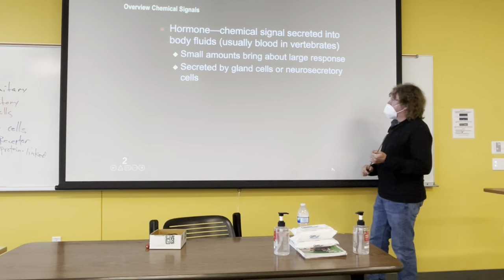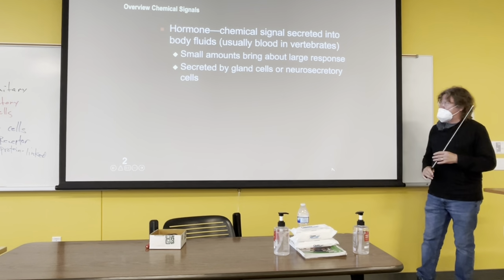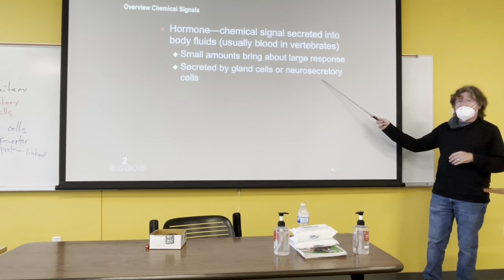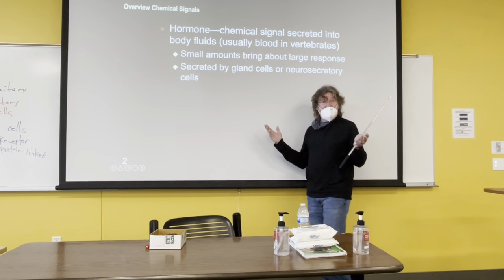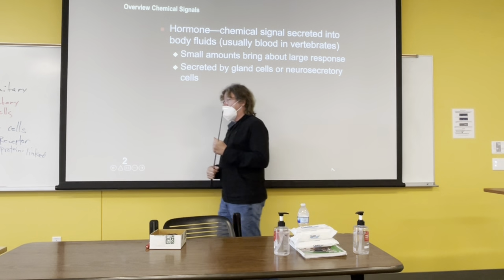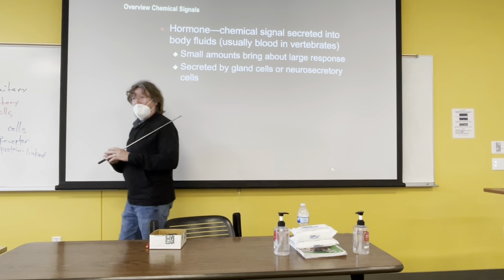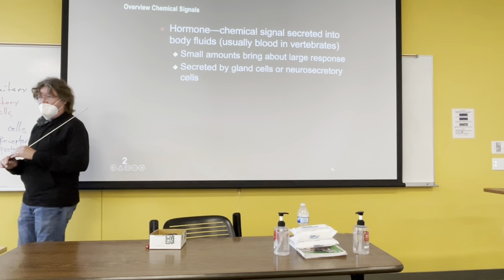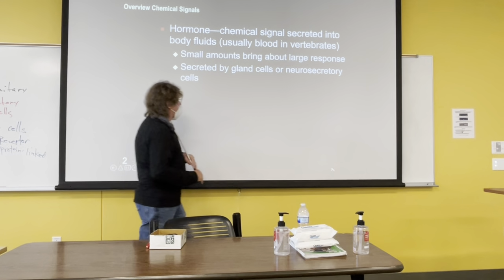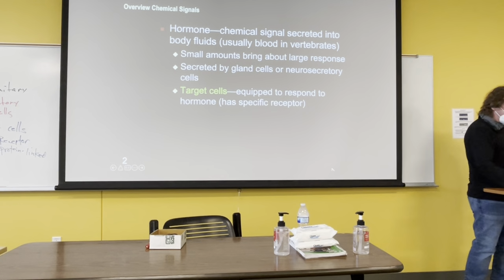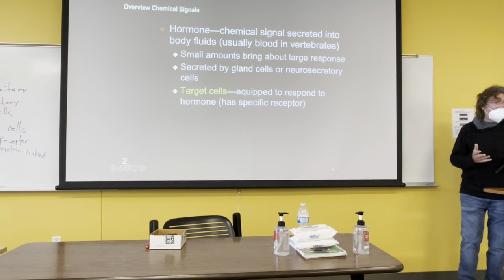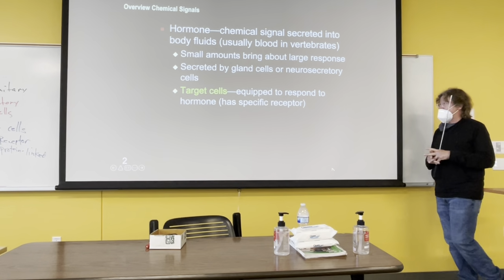And some of these happen to be neural secretory cells that make and release hormones. I already went over that with ADH. Those are produced by neuron-like cells from the hypothalamus, right? Others happen to be special gland cells that will make and release these.